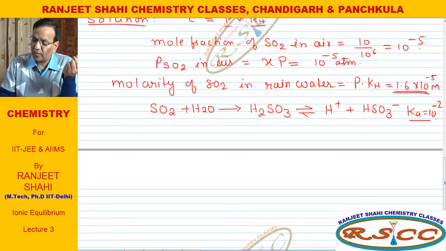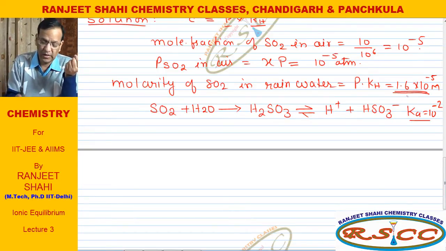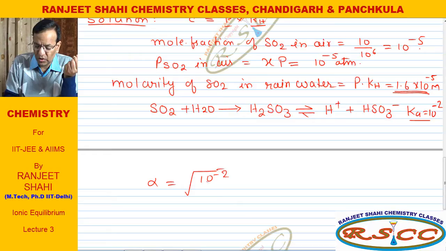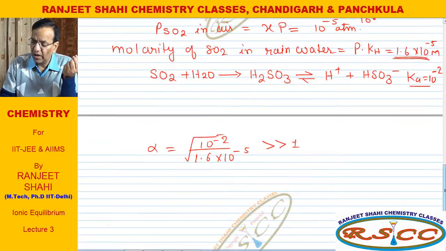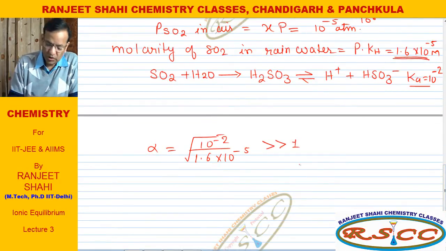So K is given, concentration is now known, so alpha can be approximated. If we apply the approximate formula for alpha, it is root under Ka, which is 10 raised to the power minus 2 upon C, 1.6 into 10 raised to the power minus 5, which is much greater than 1. This indicates that alpha is very, very large.